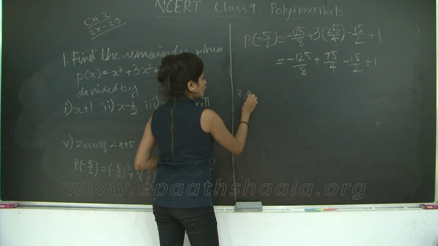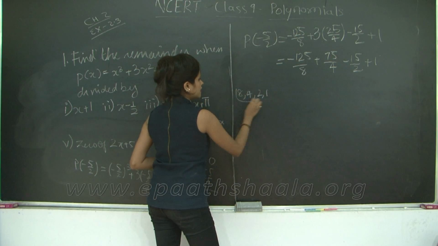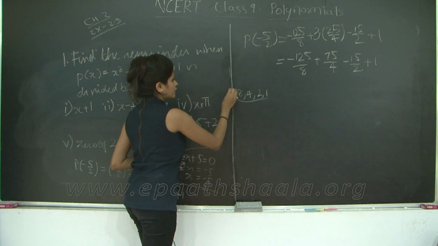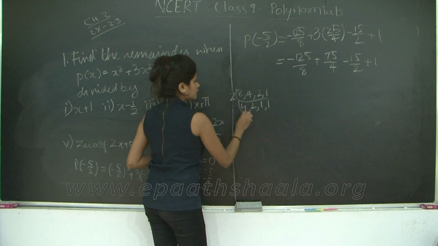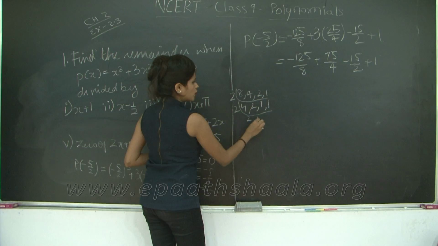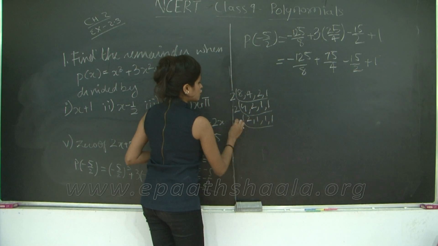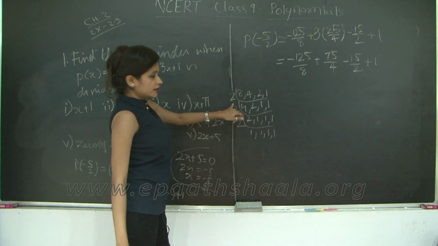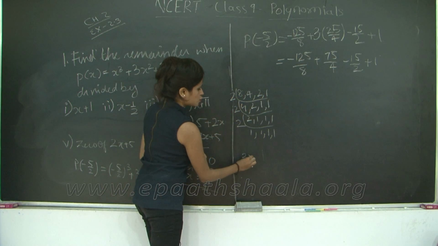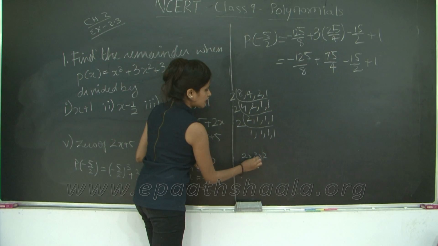So 8, 4, 2 and 1. The LCM is 2 4s are 8, 2 2s are 4, 2 1s are 2, 1. 2 2s are 4, 2 1s are 2, 1, 1. 2 1s are 2, 1, 1, 1, 1. Right? So the LCM is 2 into 2 into 2, which is nothing but 8.